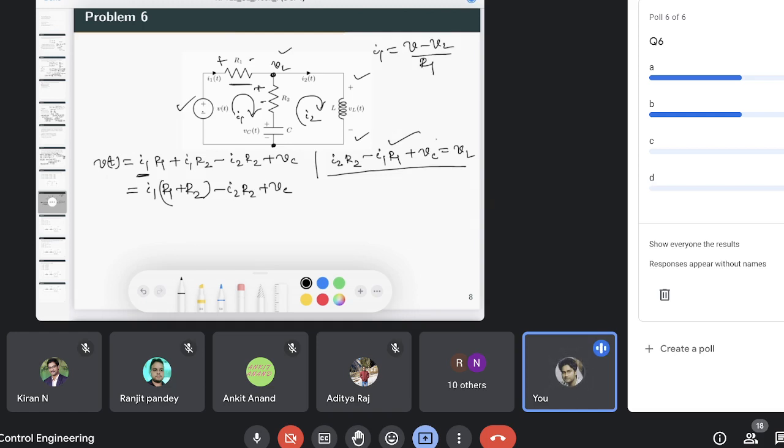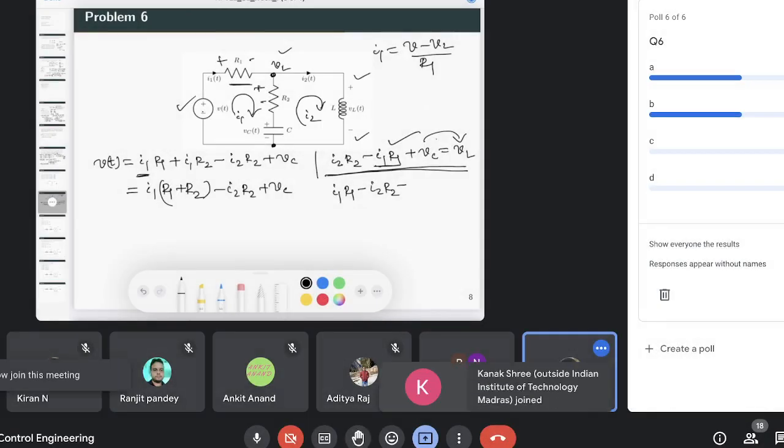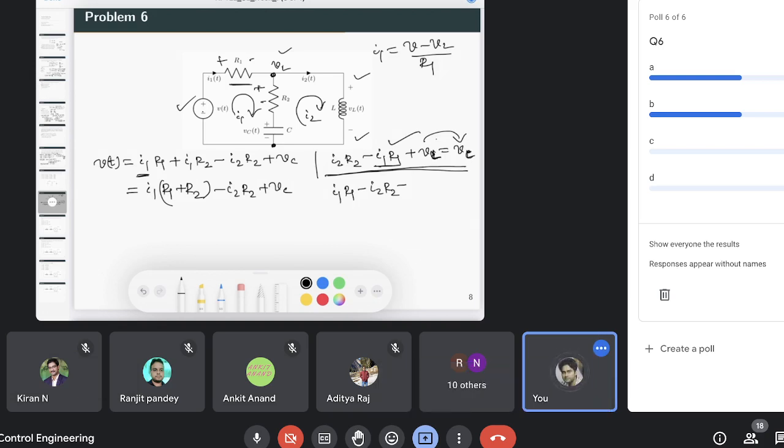Also, from this second equation you can find the same expression. I1 R1 is there, so I am taking all this quantity to one side. So I have I1 R1, and I am taking I2 R2 to the other side. Sorry, this one is VL and this is Vc, because of the sign convention.